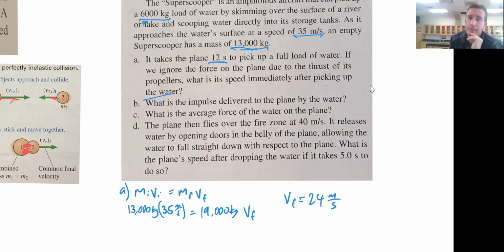Okay, nice. What is the impulse delivered to the plane by the water? Okay, so the impulse is going to be force times time, and that's equal to the change of momentum.